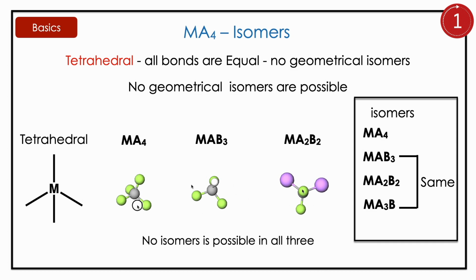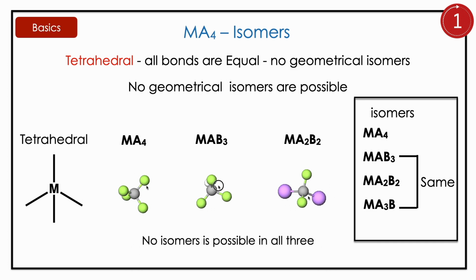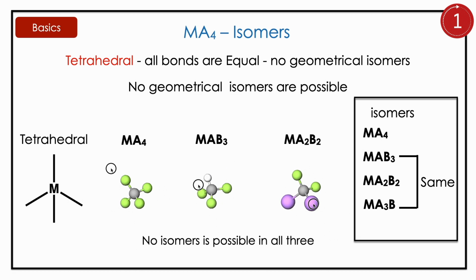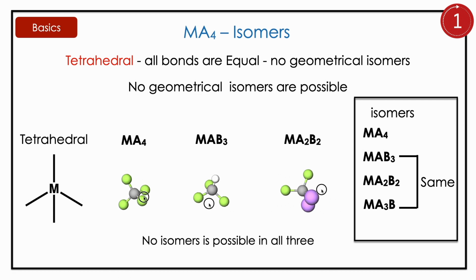Then ML4 isomer, it has tetrahedral as well as square planar. Here we will see tetrahedral. The possibilities are MA4, MAB3, MA2B2. MAB3 and MA3B are same. So only 3 possibilities.